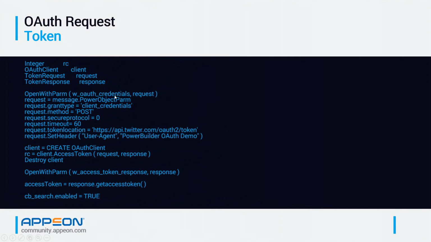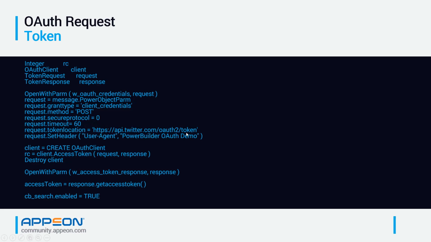So here's what the code looks like. I open up a window where you provide your OAuth credentials. There's a couple different grant types you can make in the request. We're doing client credentials in this case. Then you have to look at the documentation for the site you're calling to determine what to provide. It's normally going to be a post method call.